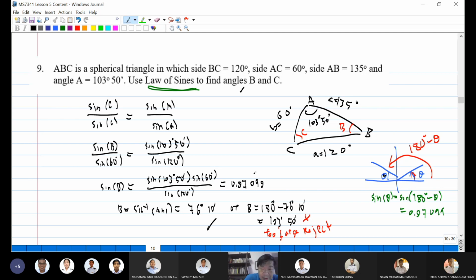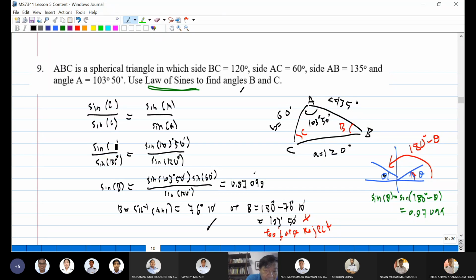Okay, C is the largest angle. You can see that side C is 135. So this is actually the largest angle here, and you can find it using A as a guide here. So side C is 135. So don't confuse this angle and side here. Side C is 135.